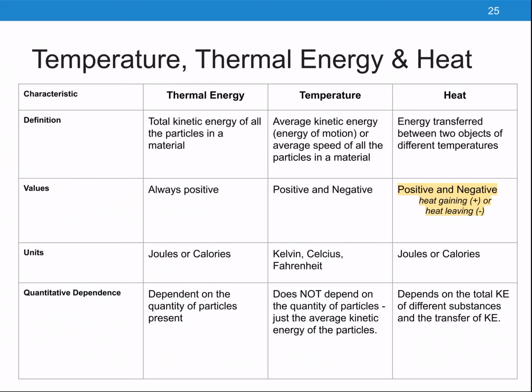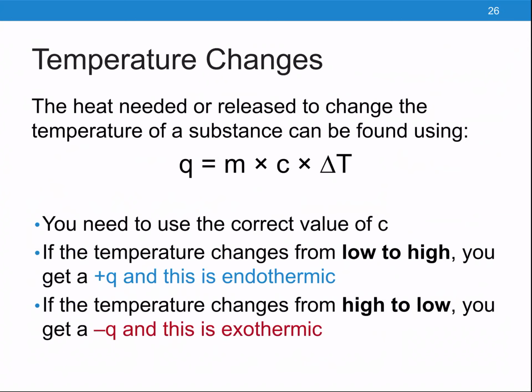All right, now, I hope you guys remember this table from the last lecture, but we're going to look at the positive and negative values for heat and how that is possible. And it all refers to the direction that the temperature is changing. So if the temperature changes from low to high, you have an endothermic reaction, or an endothermic change. It does not have to be a reaction.